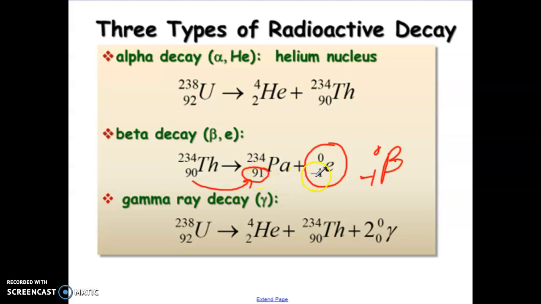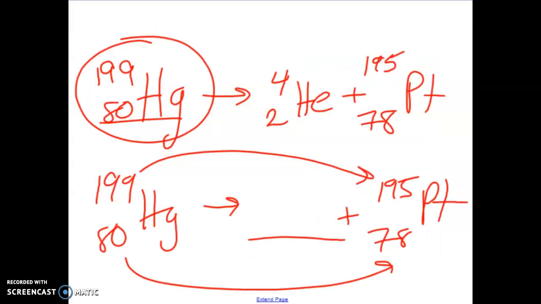So what's actually happening here is when this electron goes off from the atom, one of the neutrons that was inside of this nucleus becomes a proton, or essentially it went from having no charge to having a charge of +1.